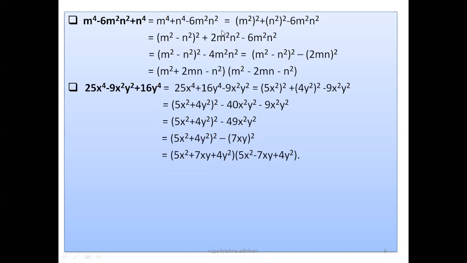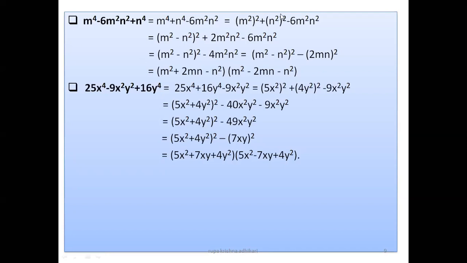Therefore, here what I have done, look here. I told you a square plus b square formula is, we have two formulas. Either (a plus b) whole square minus 2ab or (a minus b) whole square plus 2ab. I told you according to the situation you need to choose and use.